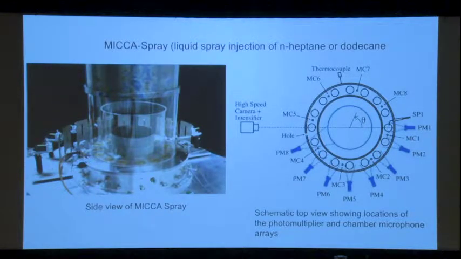In addition, we decided to put photomultipliers all over so that we could see what happens to each of these injectors. We have 8 microphones on the chamber, 8 photomultipliers, and 8 microphones in the plenum. So that makes about 24 signals.